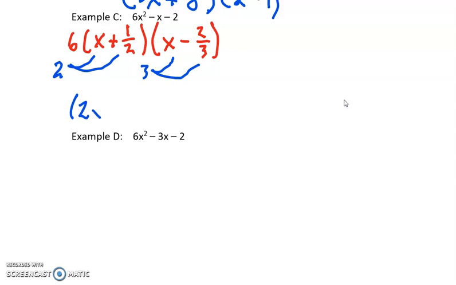We get 2x, the 2 in the numerator and denominator cancel, leaving just 1, and we get 3x, and 3 times the denominator 3 cancels, leaving the numerator 2. So now we have turned it into your distributed factored form. Let's go back to the graphing calculator and test and see if that really works.